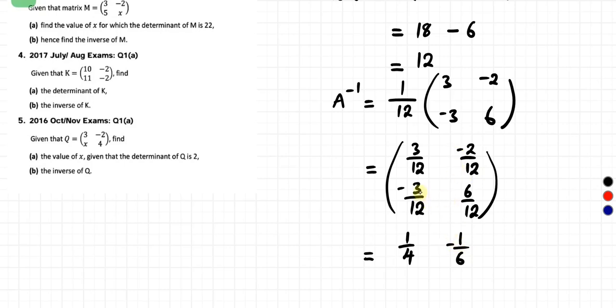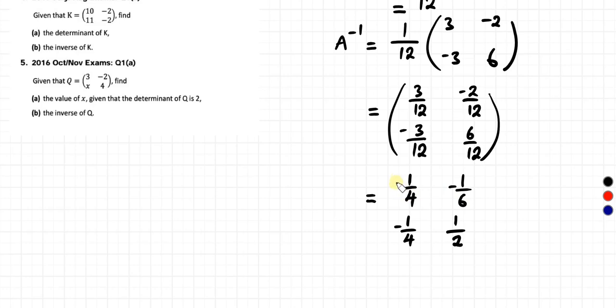Then here 3 into 3 can go there 1, 3 into 12 can go there 4, and there's a negative here, you put a negative here. Then 6 into 6 can go there 1, 6 into 12 can go there 2 times. Okay, so that's what you are going to do. Then you put it like this. So this is the inverse of A, like that.